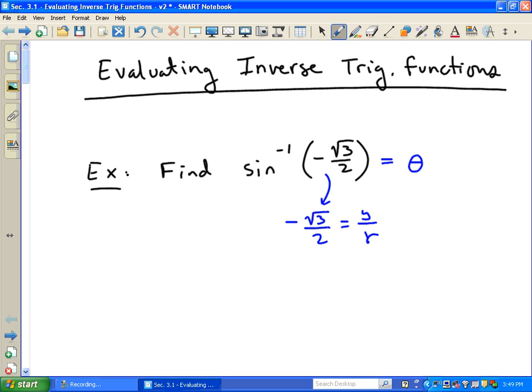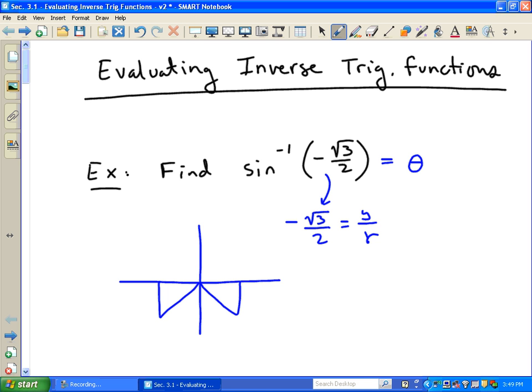Sine, we know, is y over r. And so the first thing you want to do is go to an xy axis and draw the possible triangles that would result from y being negative square root of 3 and r being 2. Now, there are two quadrants in which y can be negative: quadrant 3 or quadrant 4.